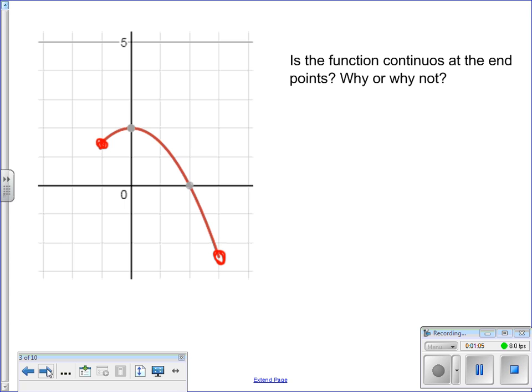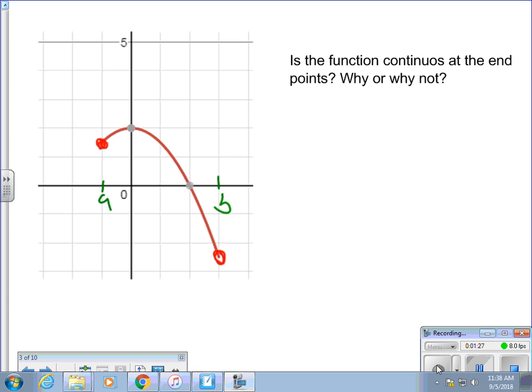Okay, to make this a little easier, this is A, that's point B. And sorry, continuous is misspelled. Okay, one-sided endpoints are a little different, but almost the same as any other point along a curve.